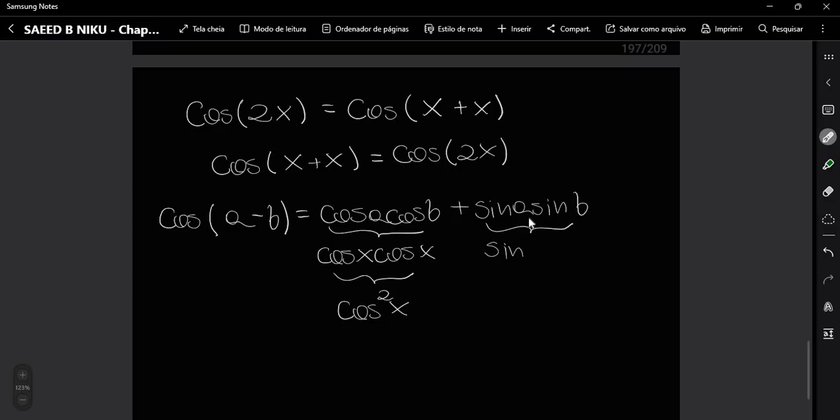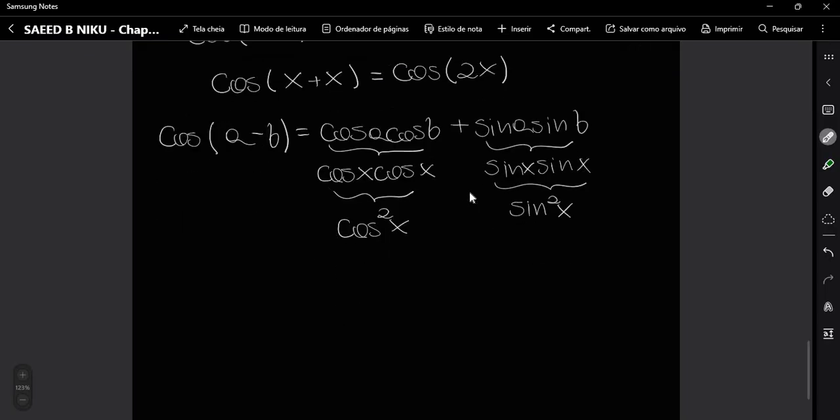And right here is the same logic. Sine of x times sine of x is equal to sine square of x, and we can write that cosine of 2x is equal to cosine square of x minus sine square of x.